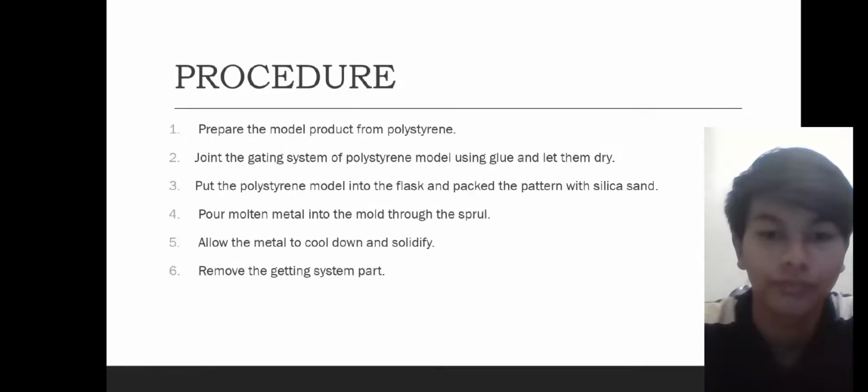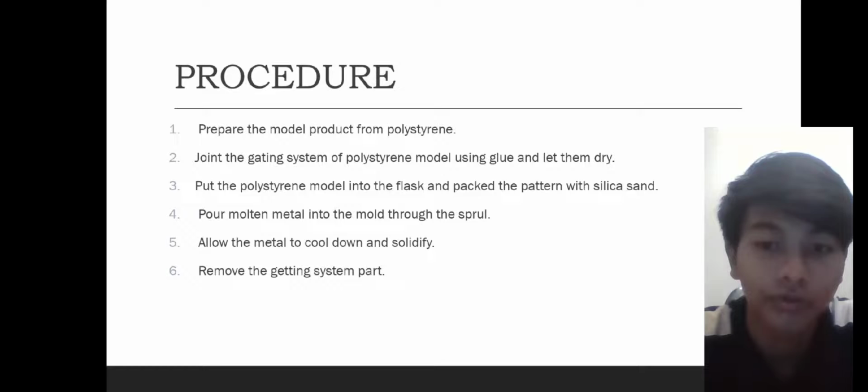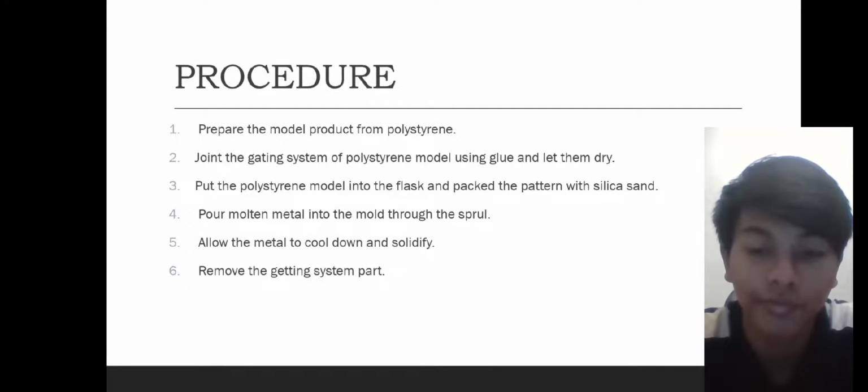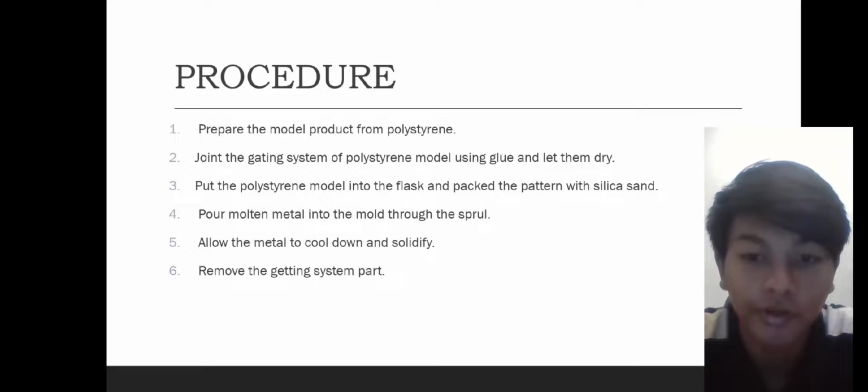My name is Muhammad Irfan and I will talk about the procedure. Firstly, we have to prepare the model product from polystyrene. Second, we have to join the gating system of the polystyrene model using glue and let them dry. Third, put the polystyrene model into the flask and pack the pattern with silica sand.